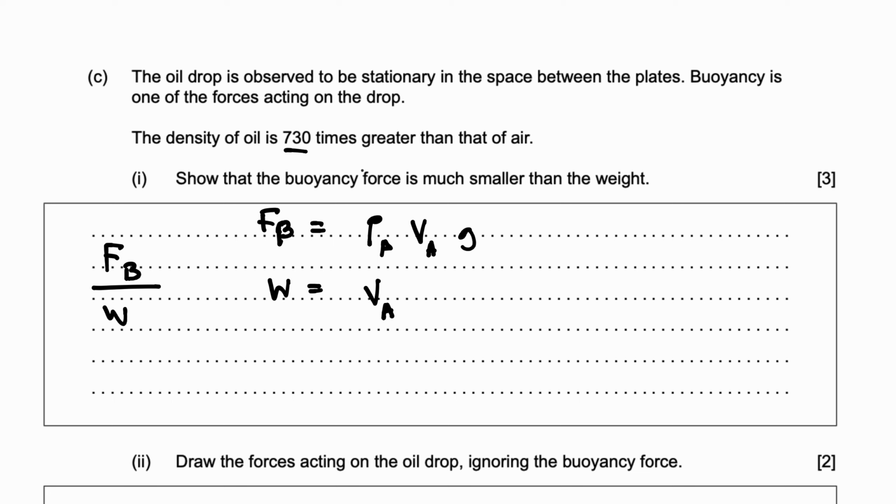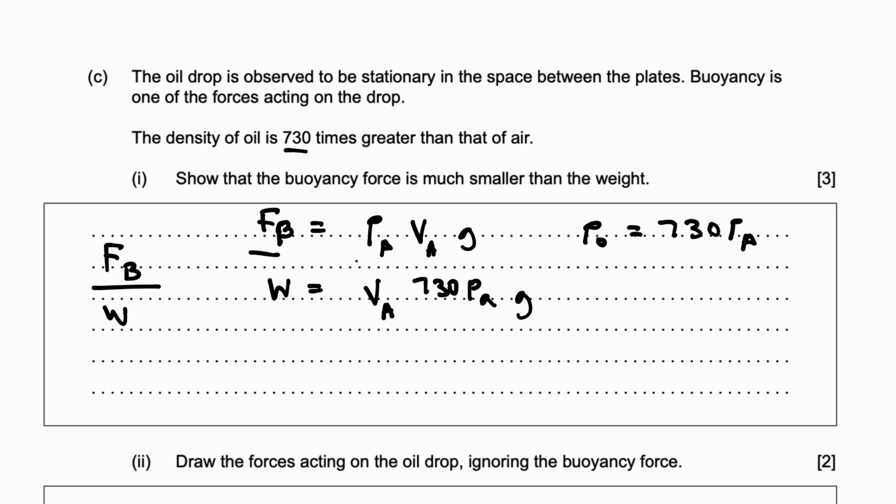So I can write rho O, the density of oil, is equal to 730 times rho A, can I not? So I'll substitute that here: 730 times rho A times g. Okay, and these are my two expressions.